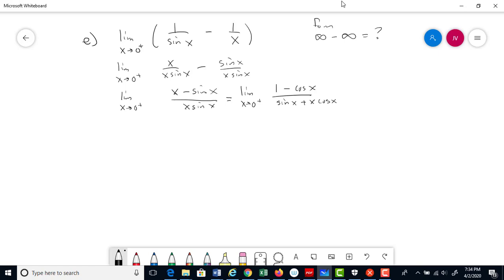Cosine of 0 is equal to 1, so the top is 0. When I plug this in, this is 0 because the sine of 0 is equal to 0. This is going to be 0 because this is 0 times 1. So this is still 0 over 0. That means I'm going to do L'Hopital's rule again. This is equal to the limit as x approaches 0 from the positive side of the derivative of the top.